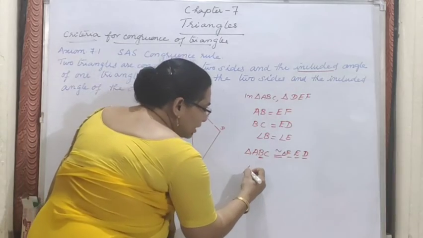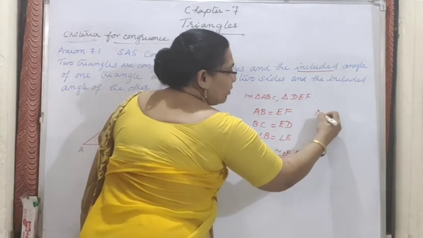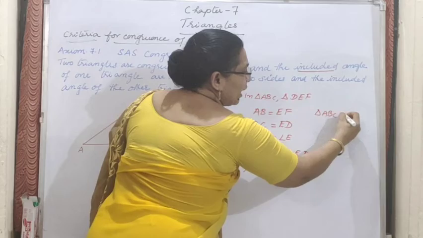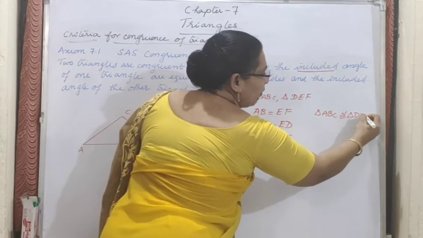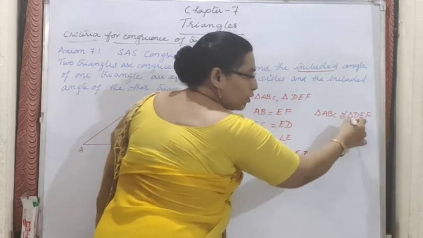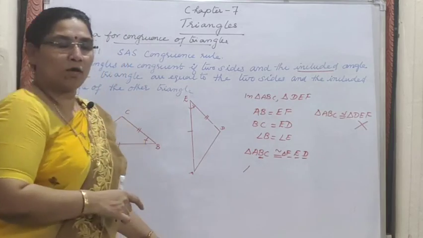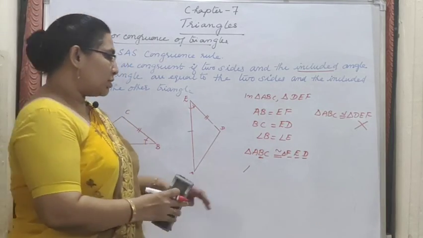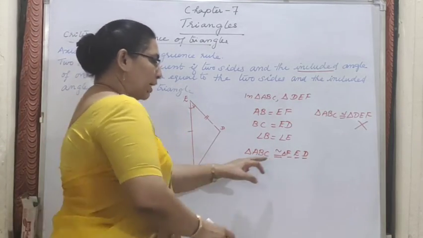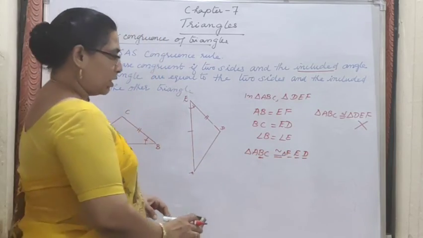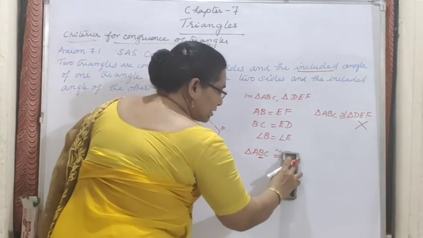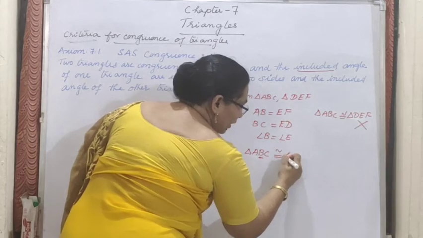If anybody is writing triangle ABC is congruent to triangle DEF, this is wrong, because this order is not satisfying the congruency. Which order is satisfying for us? Triangle FED is the order. So correctly I will write triangle FED.